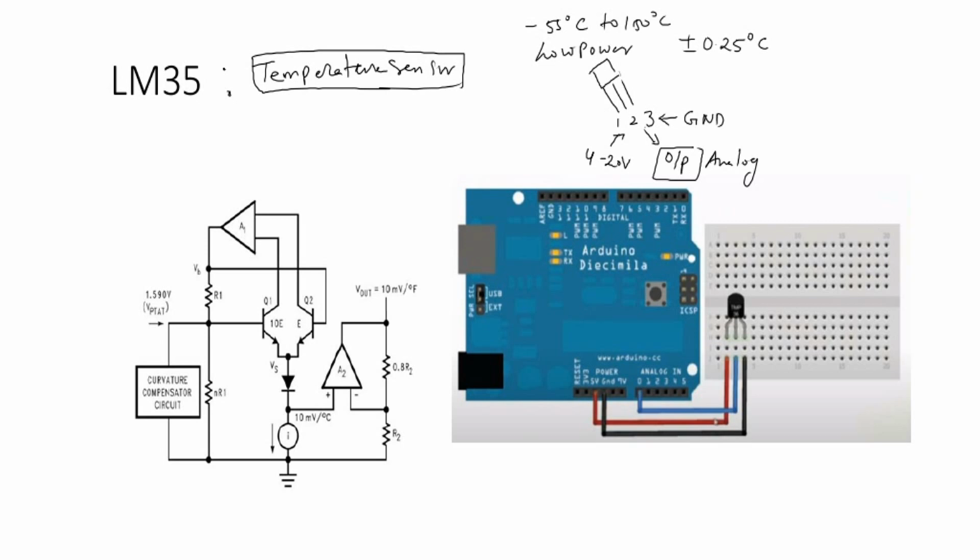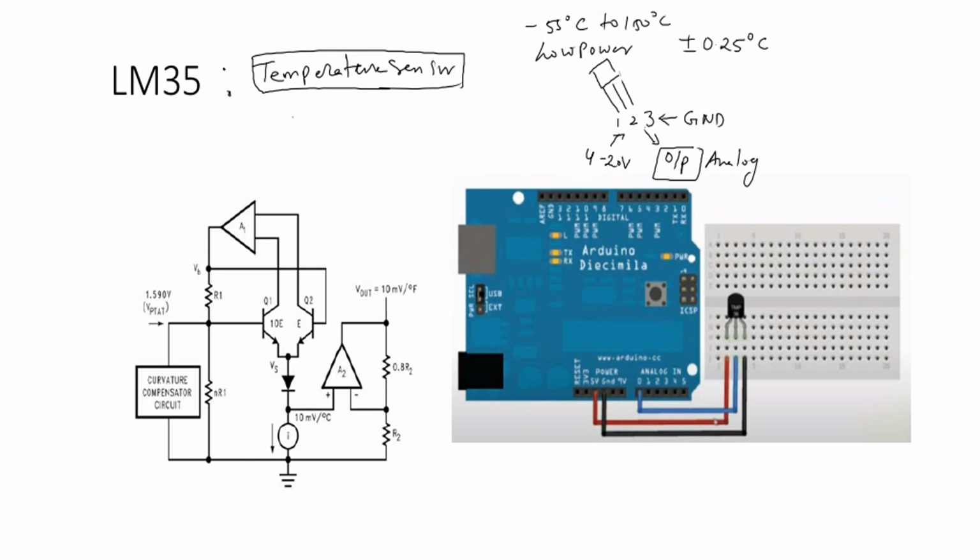If you see these transistors, one transistor has an emitter 10 times that of the other transistor, and this R1 measures the absolute temperature, and this Q2 basically converts that into a voltage form, analog output voltage form.